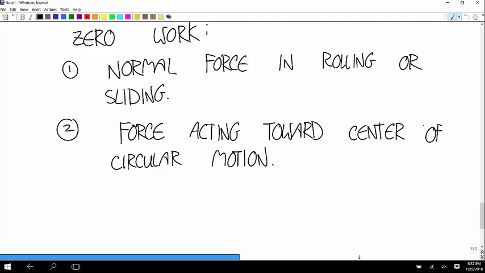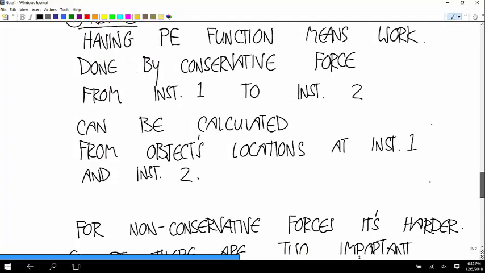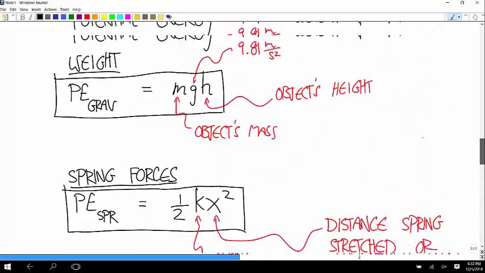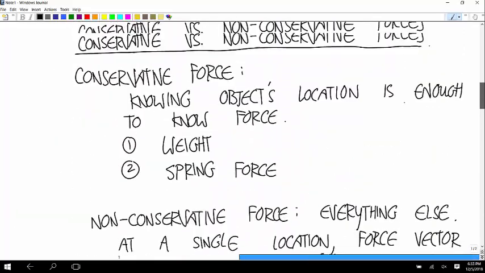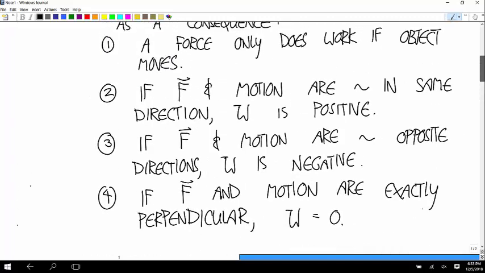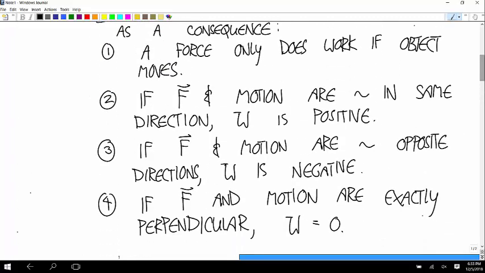So why do these do zero work? I'm not even going to write this down because this isn't really relevant for solving problems, but up here, when I said the consequences of this definition of work: if the force and the motion are more or less in the same direction, positive work is done, the energy increases.